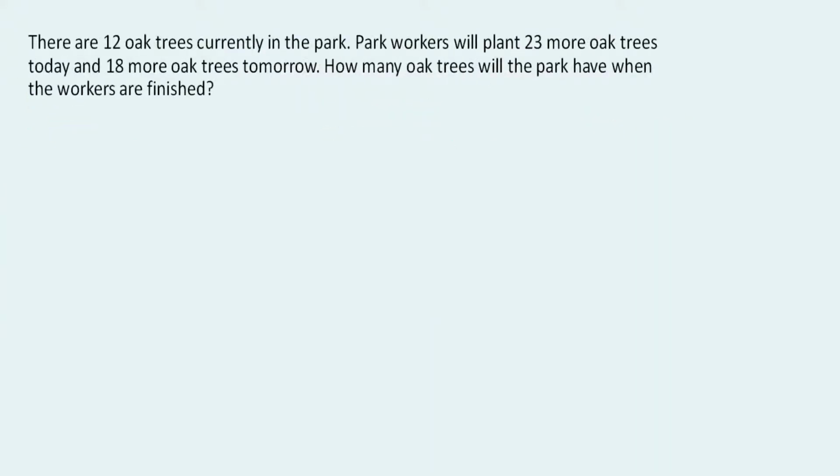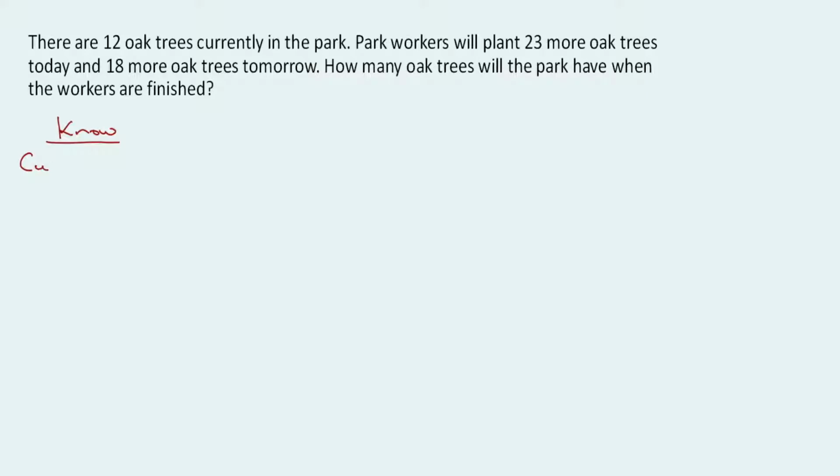Final example. There are 12 oak trees currently in the park. Park workers will plant 23 more oak trees today and 18 more oak trees tomorrow. How many oak trees will the park have when the workers are finished? Okay, so let's look at that. What do we know?